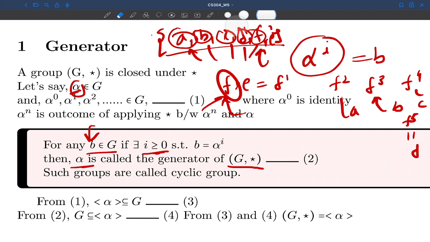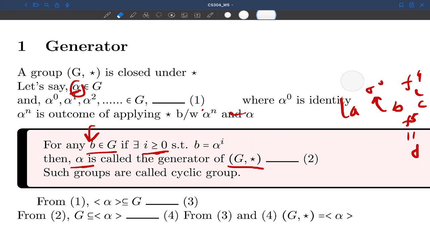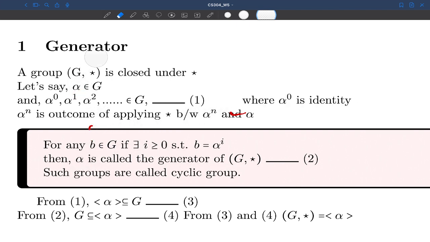Now it is not true that every group has a generator. It is also possible that some group does not have any element which can generate every other element. So if for a group I am able to find a number alpha which is able to generate every other element of my set, that alpha is called a generator, and such a group is called a cyclic group.